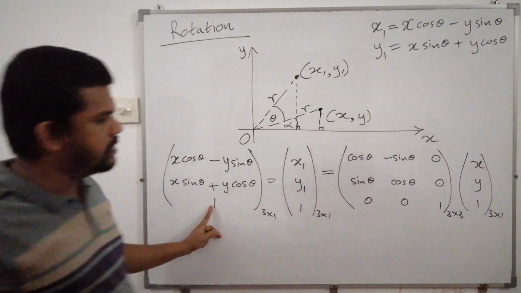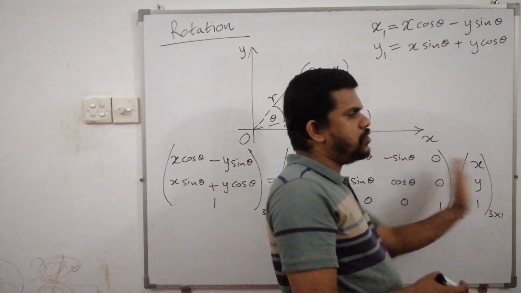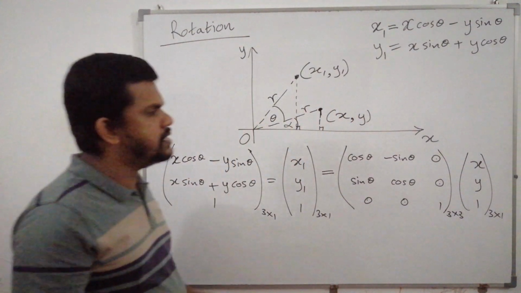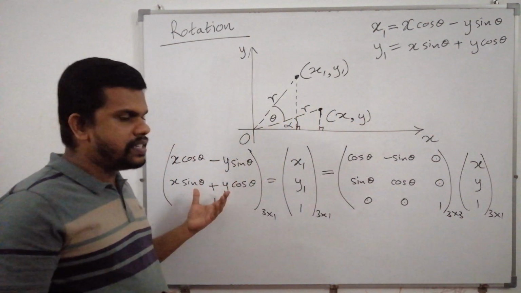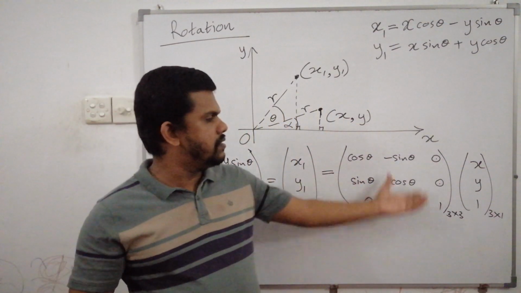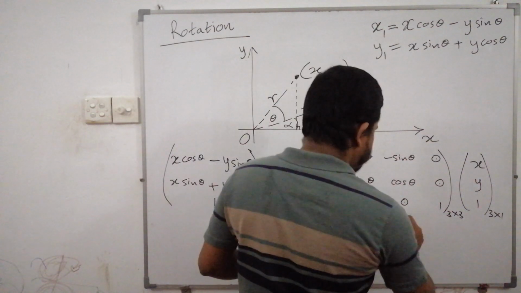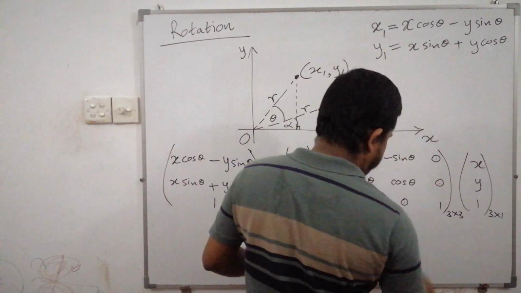Then you will get this one. Now if you multiply these two matrices, you get this one. In other words, this matrix is transformed to this matrix using this matrix. So we call this the rotation matrix R theta.